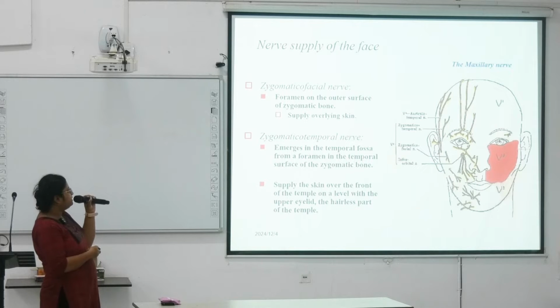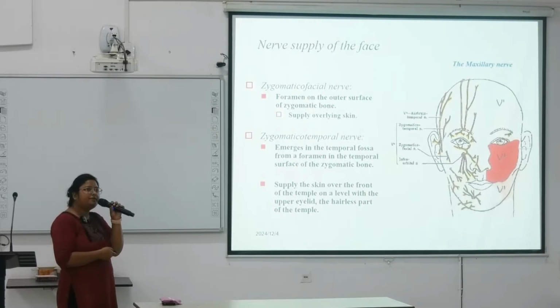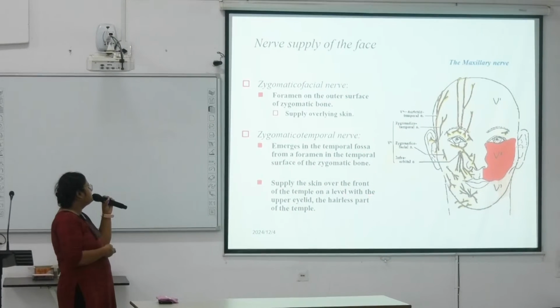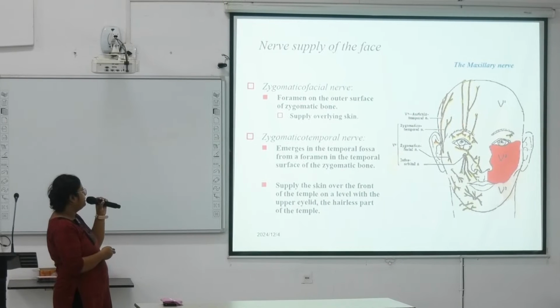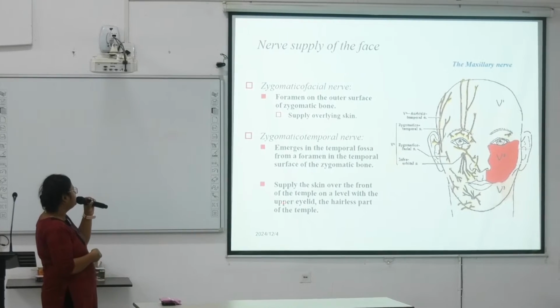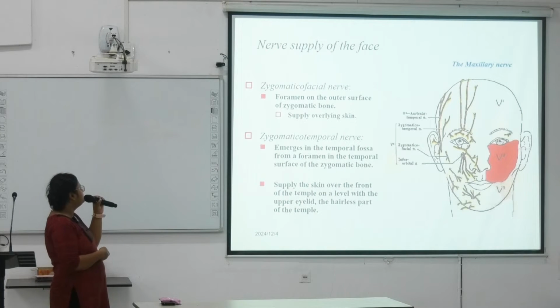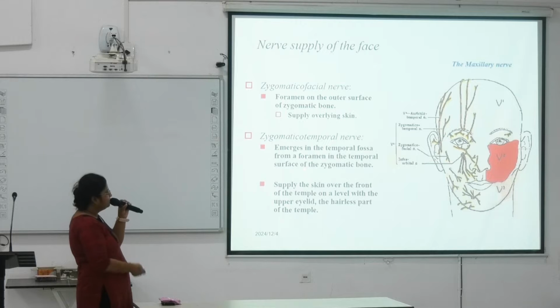It emerges in the temporal fossa from the zygomatic bone and supplies the skin over the front of the temple, on a level with the upper eyelid and the hairless part of the temple. So this is the supplying area of the zygomaticotemporal.